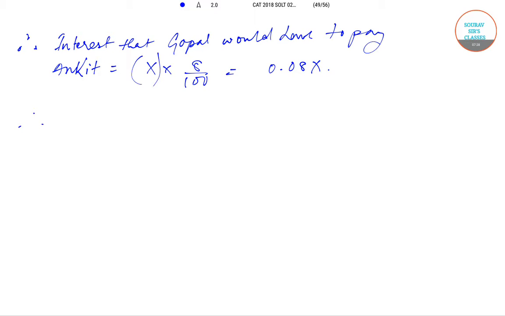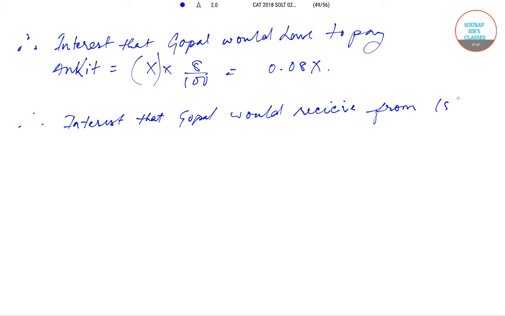So the interest that Gopal would receive from Ishan would be basically equal to X plus Y into 10%. So this will be 0.1x plus 0.1y.